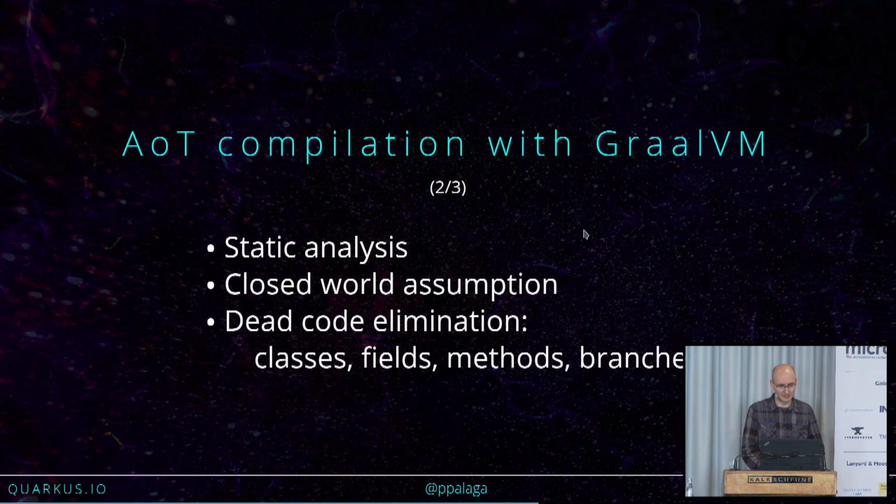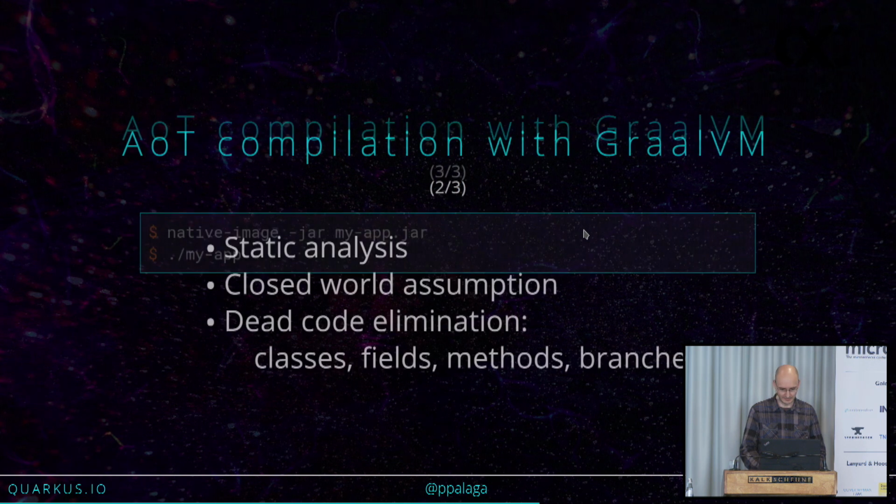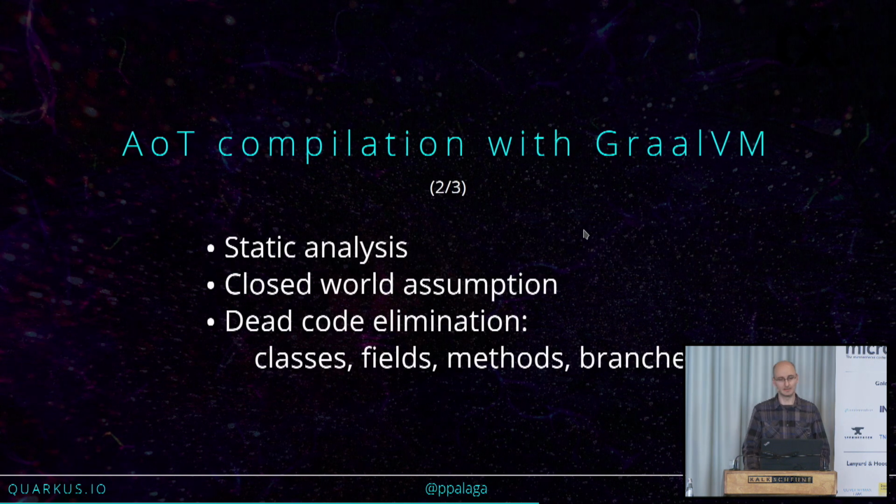What happens during that ahead of time compilation? There's a lot of things happening. There's lots of static analysis happening there that allows lots of optimizations. And there's a closed world assumption. What does it mean?